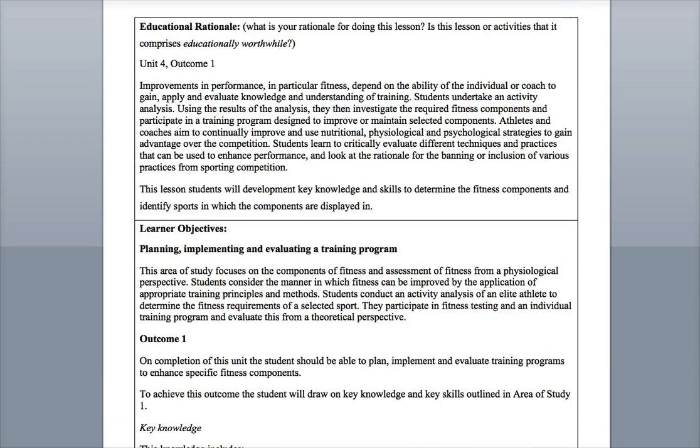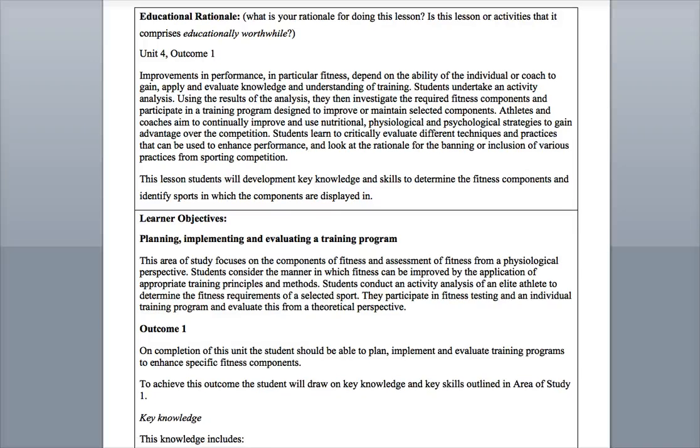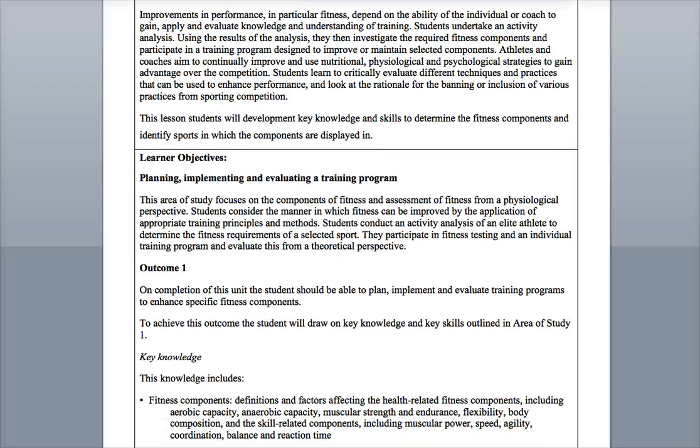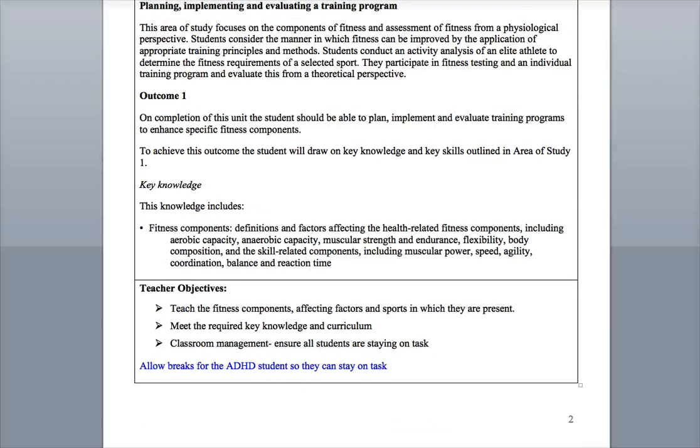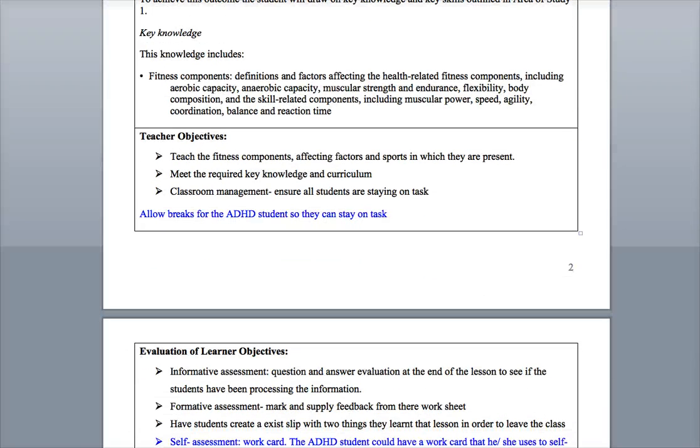So this is just my education rationale. The learner objectives come from the VCE PE study design. My objectives are to teach the fitness components and meet the required knowledge and curriculum, and classroom management would be a huge factor for me.